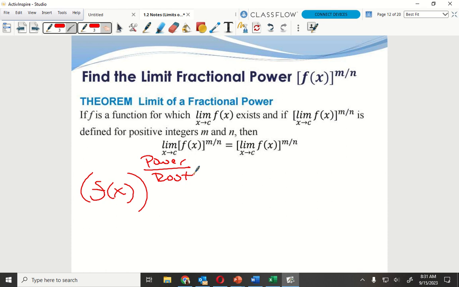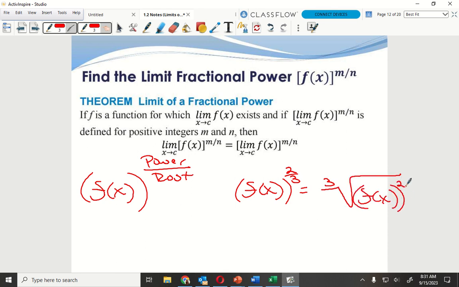The top would just be an exponent as a regular power. The bottom is going to be a root. So if this was f of x, that would be basically saying the 3rd root of f of x squared.